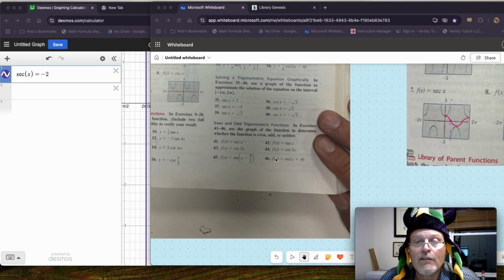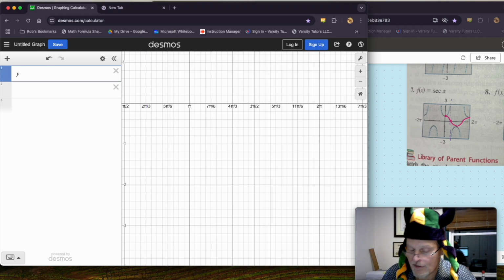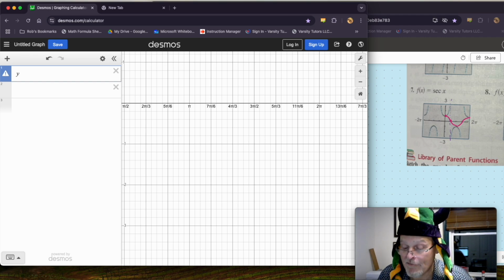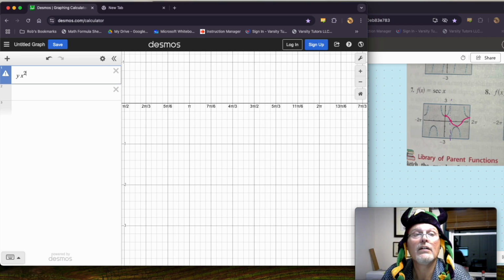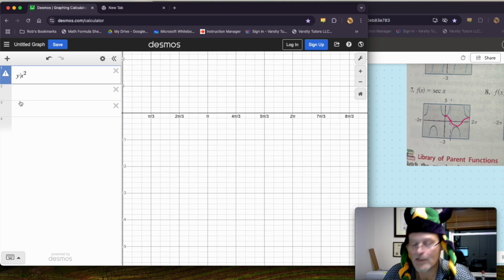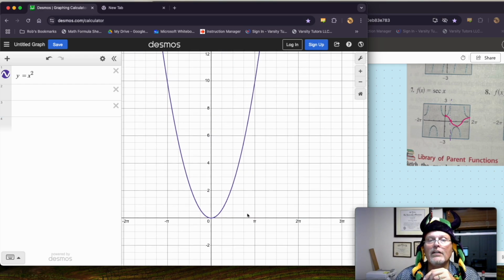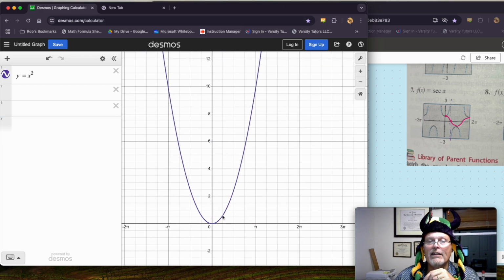So let's take a look at the graphing and talk in general about what an even and an odd function is. We're mostly talking about the squared functions, or the even numbered functions. So if I look at y equals x squared, I know what that's going to look like, right? That's a quadratic.